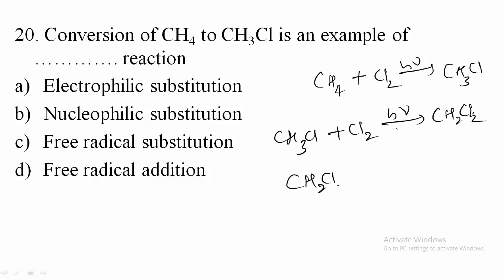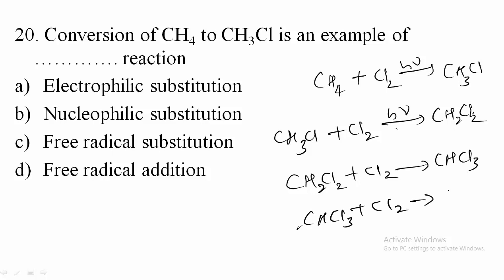Again, CH2Cl2 treated with chlorine gives CHCl3, and CHCl3 upon treating with chlorine gives CCl4. So what reaction is it? Free radical substitution, halogenation. In theory class you have studied this and you have to remember that mechanism. Therefore it is carried out through free radical substitution reaction, so option C will be the right one.